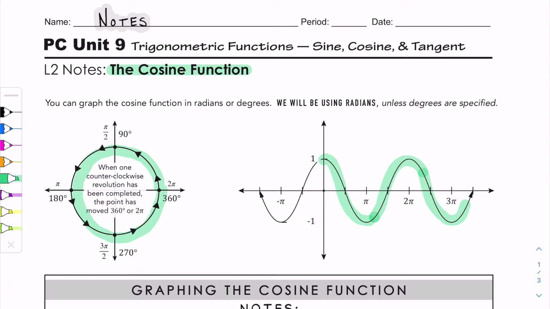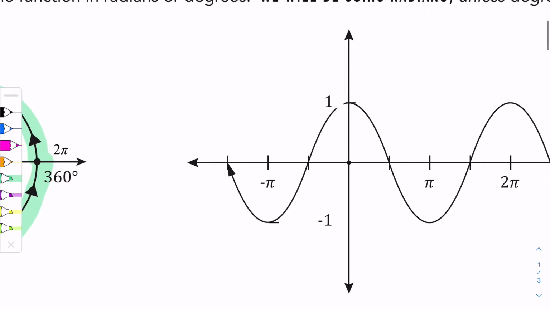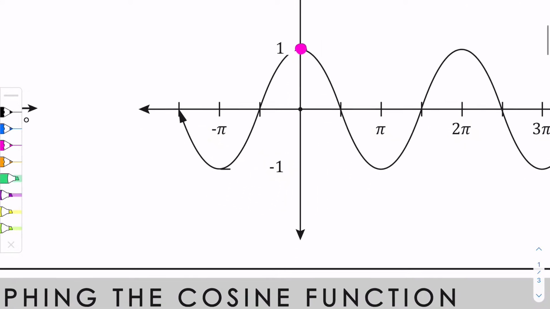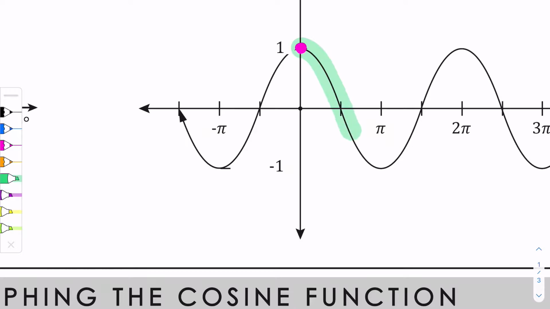And while this curve looks very similar to the sine function, there is one major difference between the two of them: the cosine function starts at 1, and one full rotation goes from 1, hits a minimum, comes back up, and stops at its maximum, or the value of 1 again. So that would be one full cycle for the cosine function.